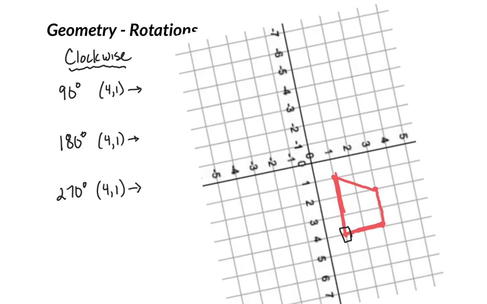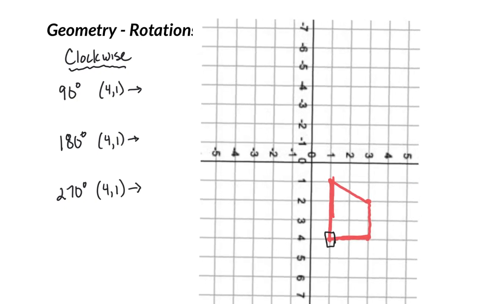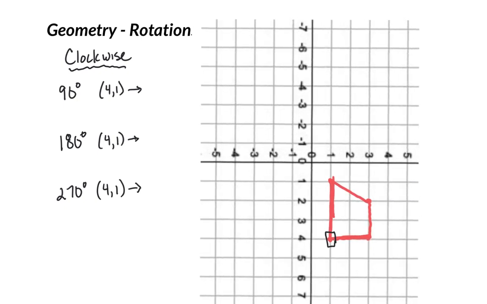Now that point that I have the little box on, notice, ignore the labels on my axis, it was over 1 and down 4. So when I rotated 90 degrees, my point went from 4, 1 to 1, negative 4.